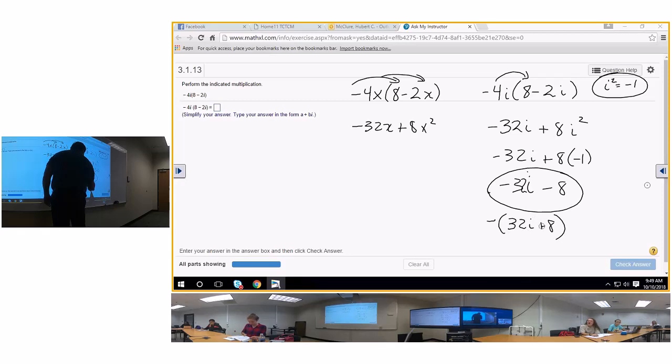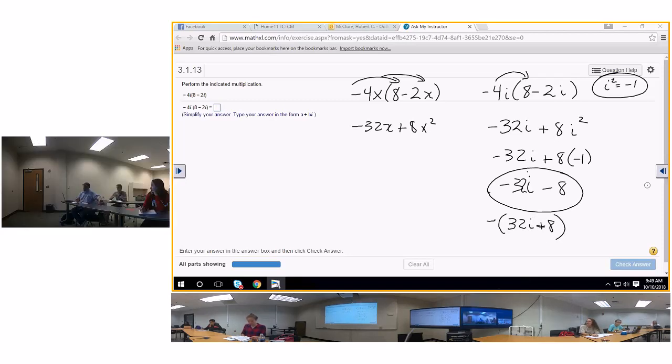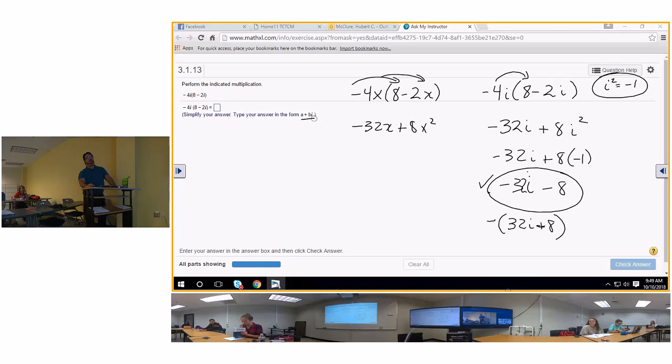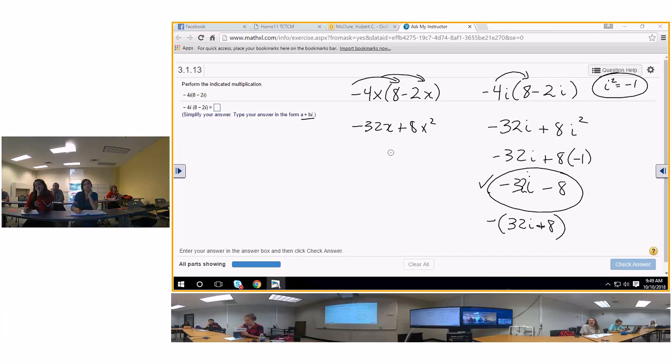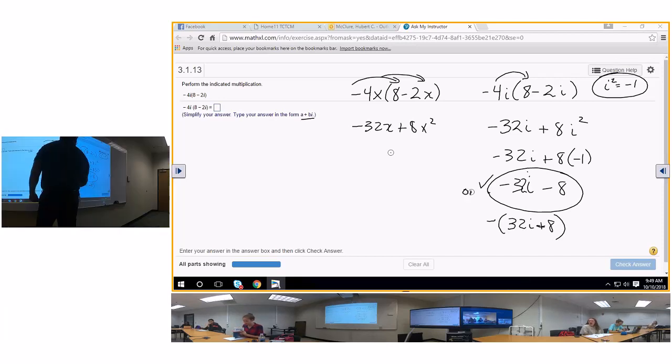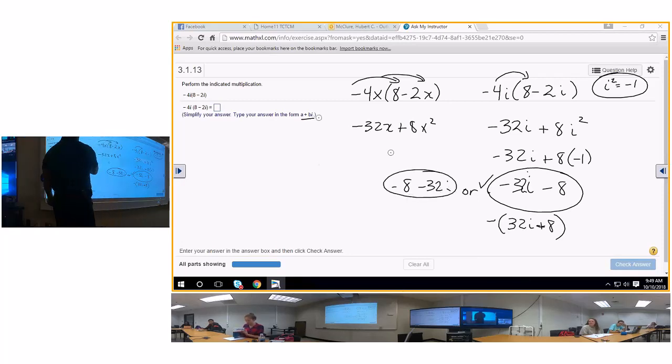Okay, because the answer in the book is like... Should be this one. Yeah, actually, I don't think it is. Well, I think that's the way it should be written. They write it with the whole... Oh, right here. See the A plus BI? I told y'all about that the other day, I think. I may not have. But I told you that you could write it like this, or you would have to turn it around and be -8 minus 32i because of this right here.